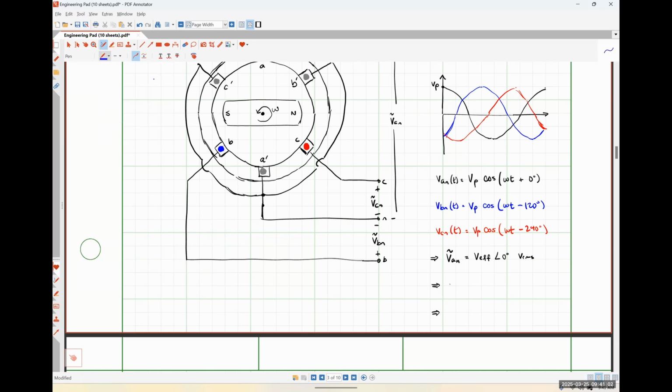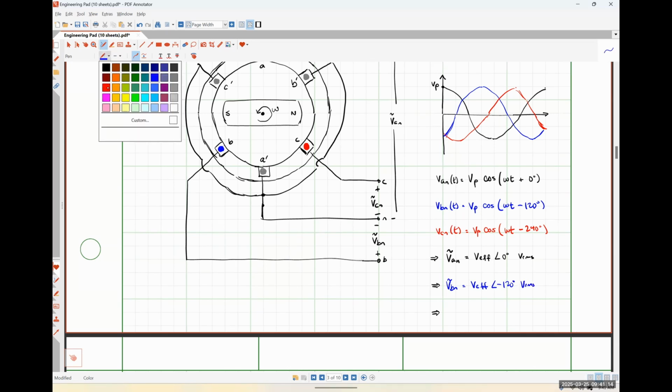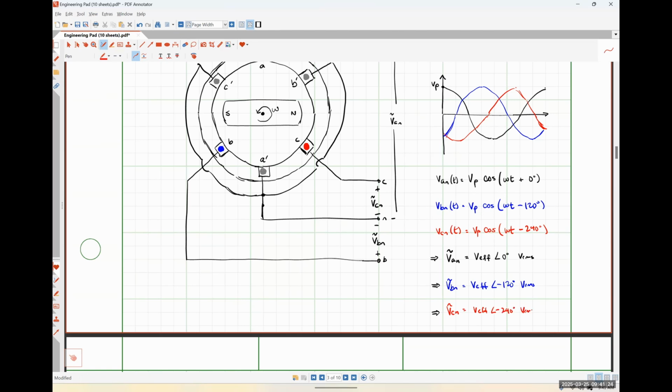VBN would be V effective angle negative 120 degrees, volts RMS. And VCN would be V effective angle negative 240 degrees, volts RMS.